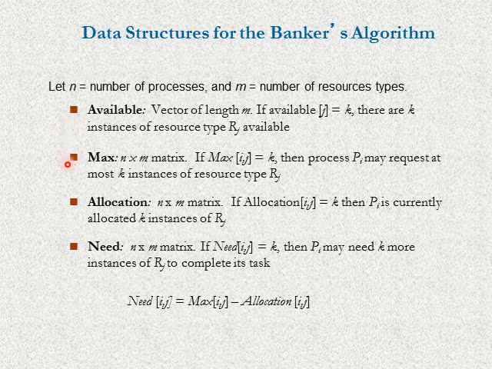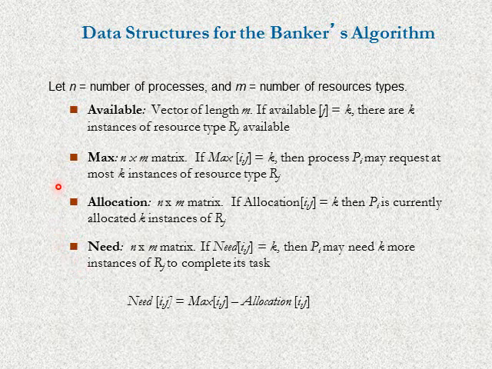And using these two-dimensional arrays, the maximum and allocation, we get another matrix that is the need matrix. This is another two-dimensional array that is used to store the current need of each process that is present in the system.